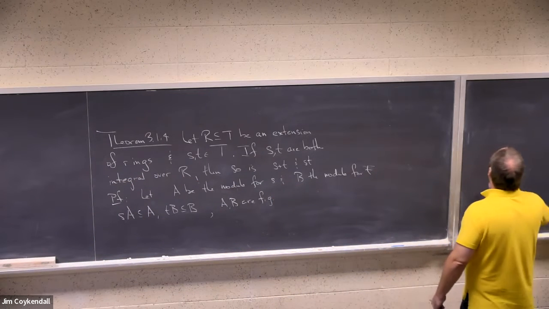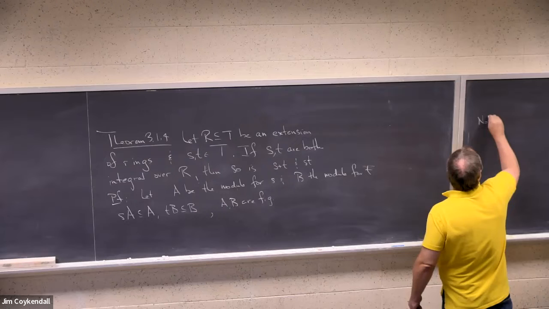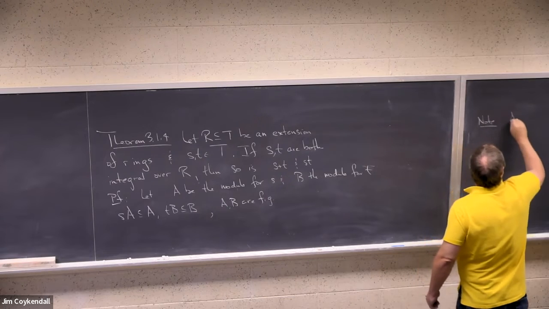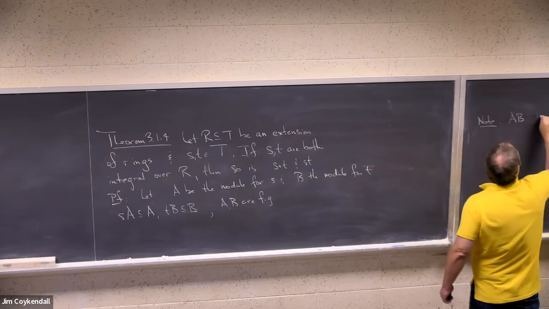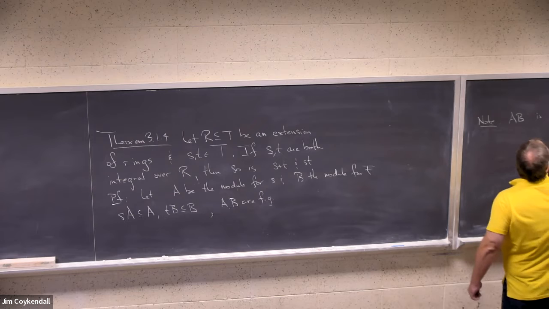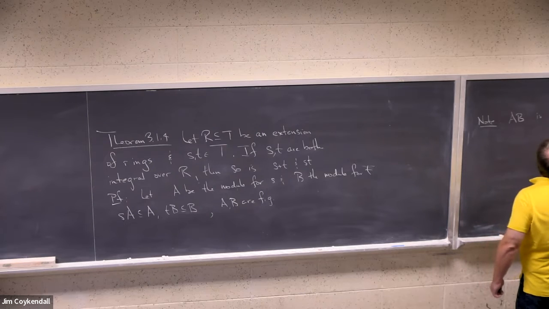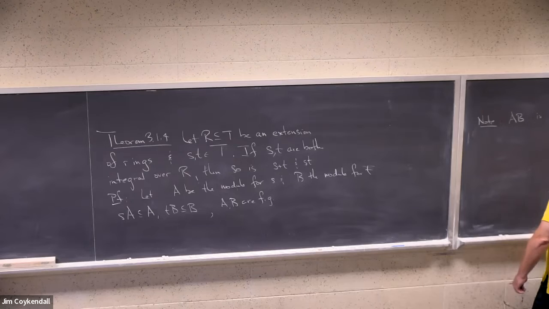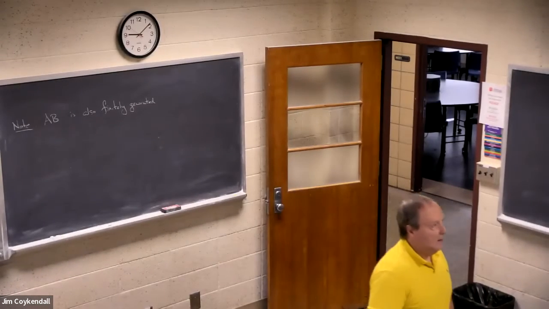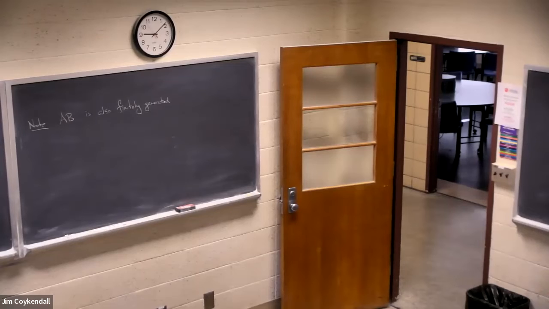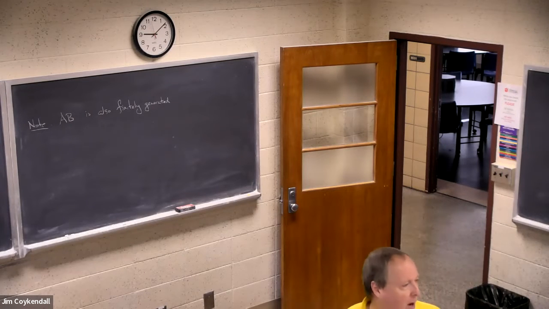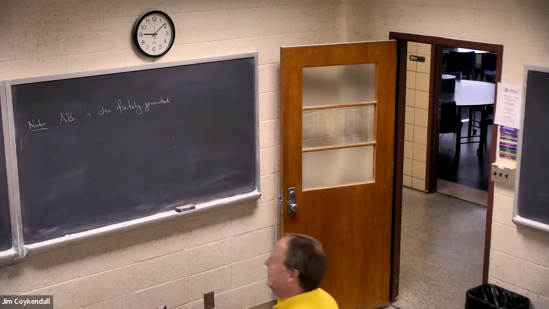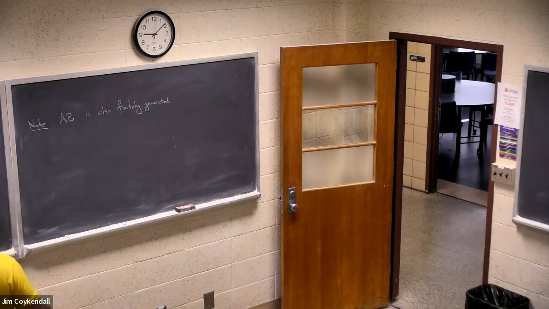Then note AB is also finitely generated. In fact, if A is generated by A1 up to AN, and B is generated by B1 up to BM, then AB is generated by all possible products of those, right? And of course, the products make sense because these are submodules of T.